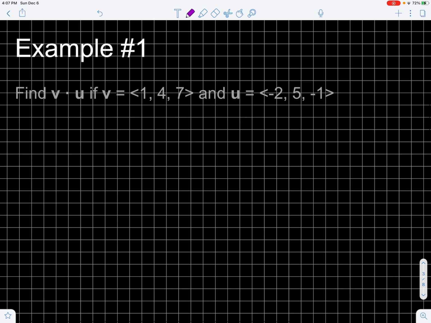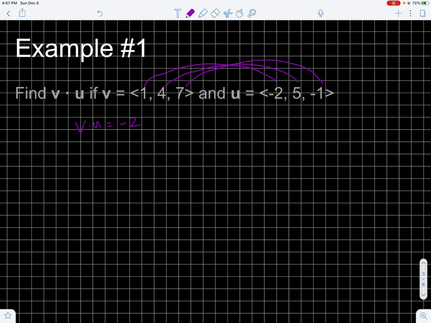All right. Example problem. Find v dot u if v is 1, 4, 7 and u is -2, 5, -1. Okay, so we just learned that all we do is we multiply these two components, multiply these two components, multiply these two components. Easy peasy.